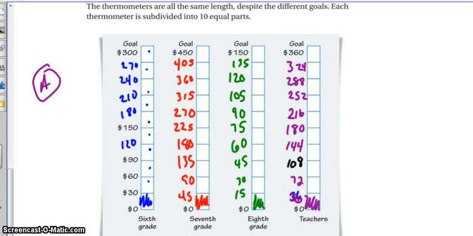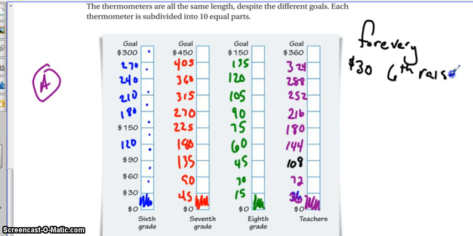We could write the statement that says for every $30 6th grade raises, 7th grade raises $45.